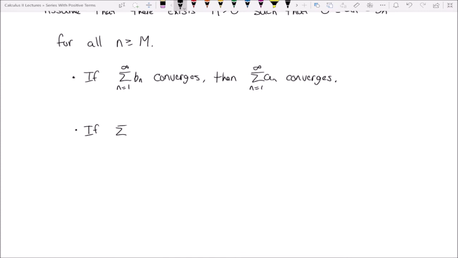If the series n equals 1 to infinity of a sub n diverges, then the series n equals 1 to infinity of b sub n diverges.